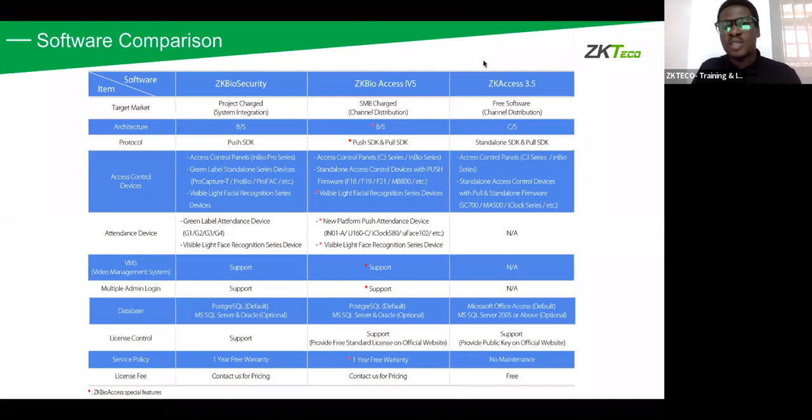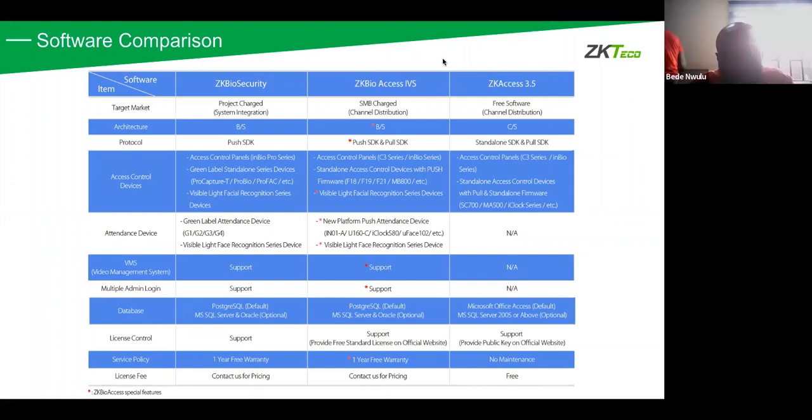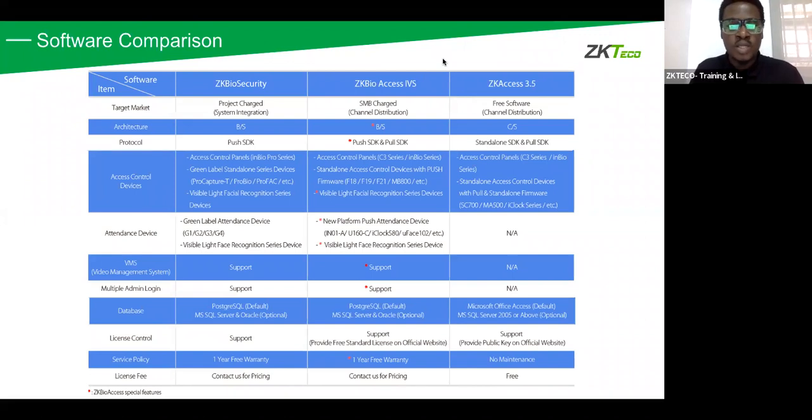You'll find yourself in an instance where you get new generation devices and you try to configure them with ZK Access 3.5, and it won't work. ZK Access 3.5 doesn't work with visible light face recognition series devices. That's one of the reasons you should adopt ZK BioAccess IVS.